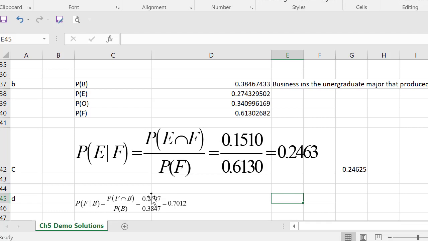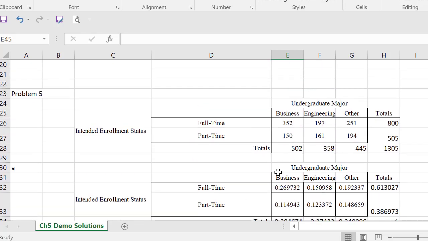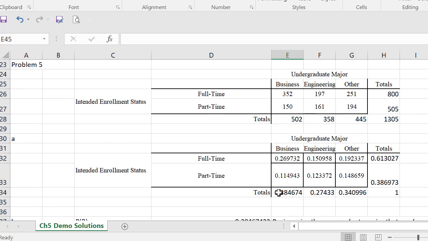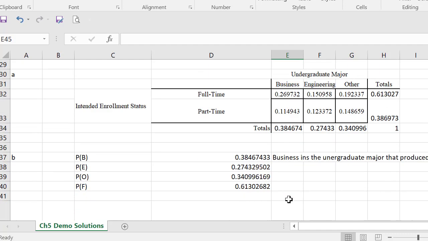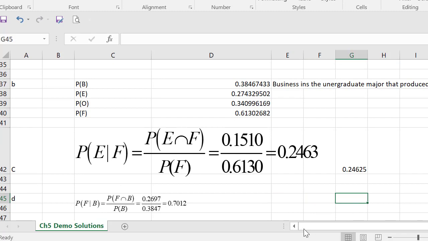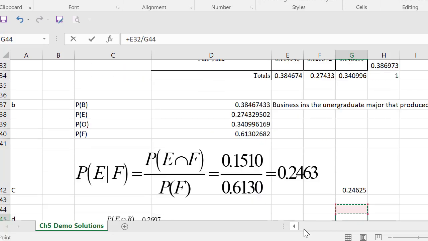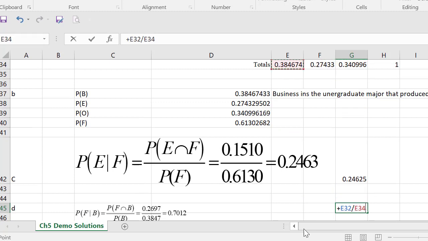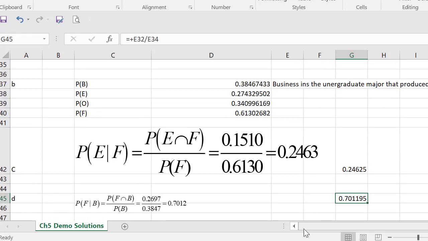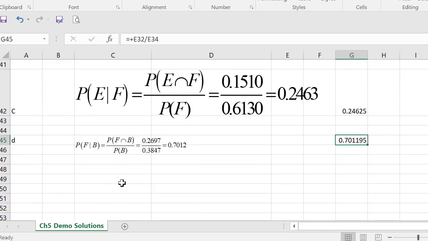That's where that number came from. And the probability of business, that's our marginal probability here. Okay, and I can write that same formula again. And that comes out to 0.7012 if you round. So that's how we arrived at that.